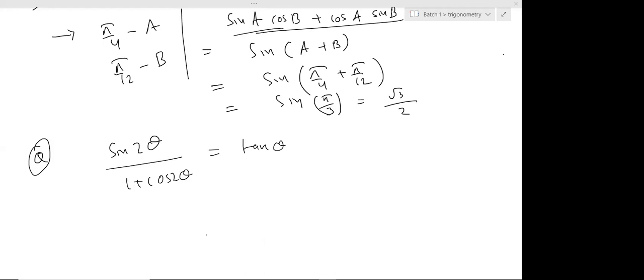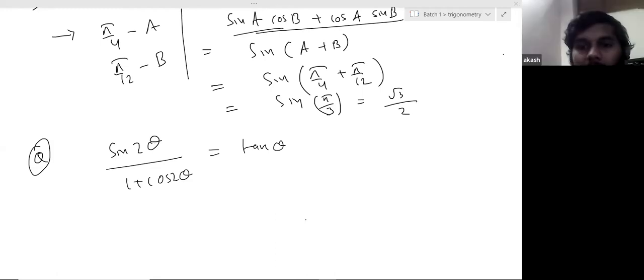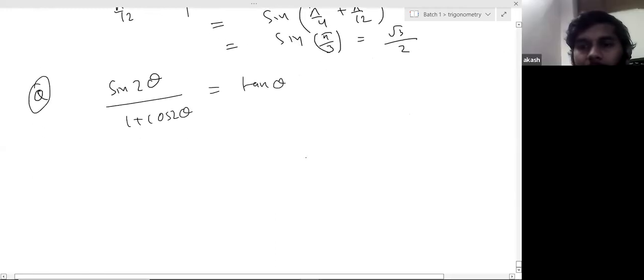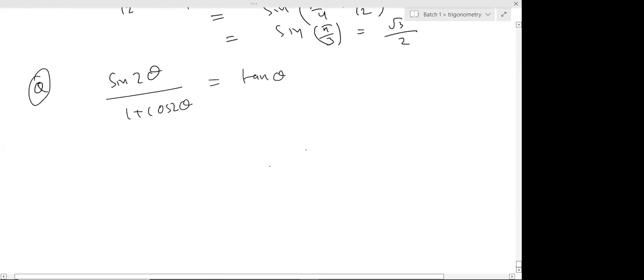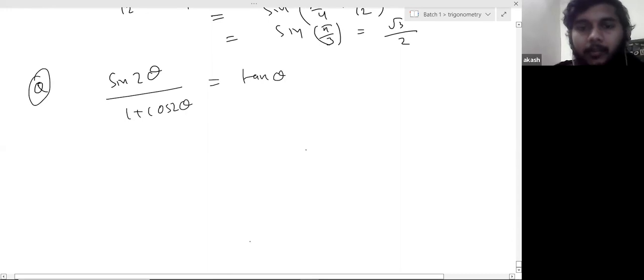Okay. Gautam, Arsalan, use that half angle formula, right? Gautam, can you tell me what is sine 2 theta? Sir, did you ask me? Oh, no, I asked Gautam. Okay, right, sir.